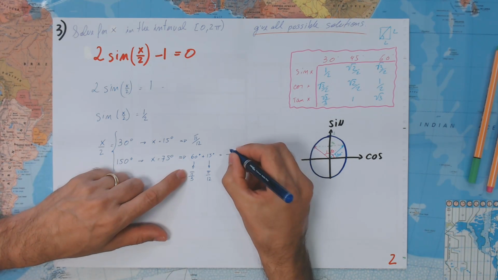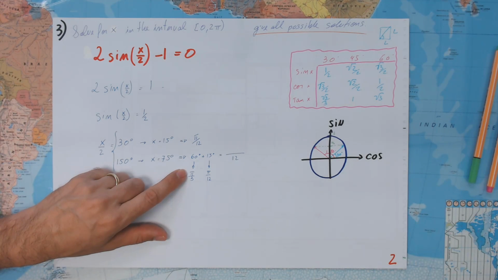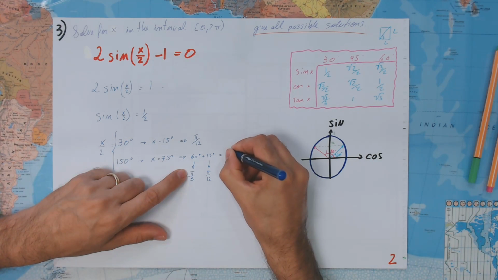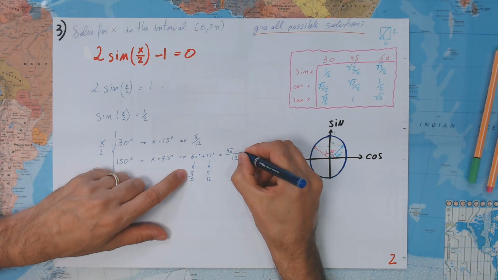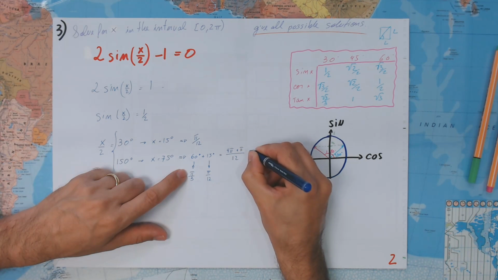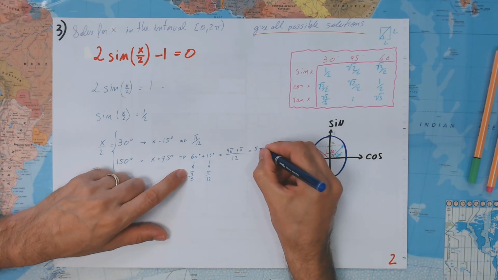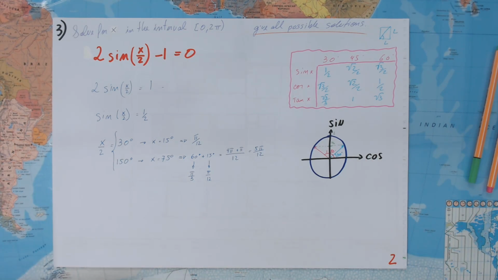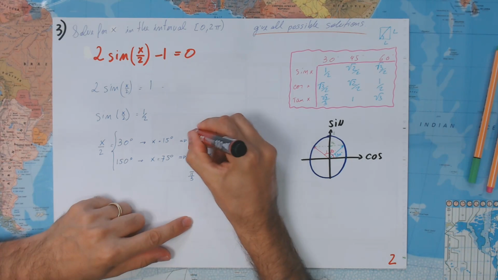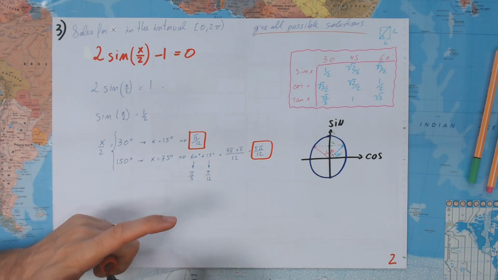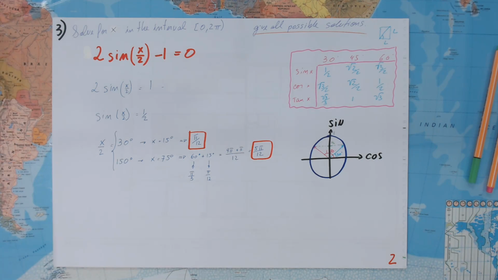This is going to be 4 pi, and plus pi. So this is just going to be 5 pi over 12. Okay, it's just in this way. So we have two possible answers for this exercise. Straightforward, right?